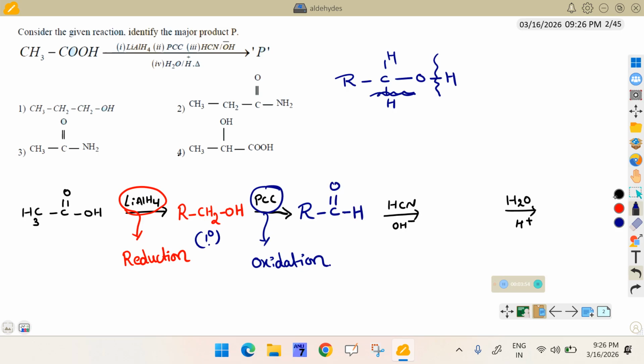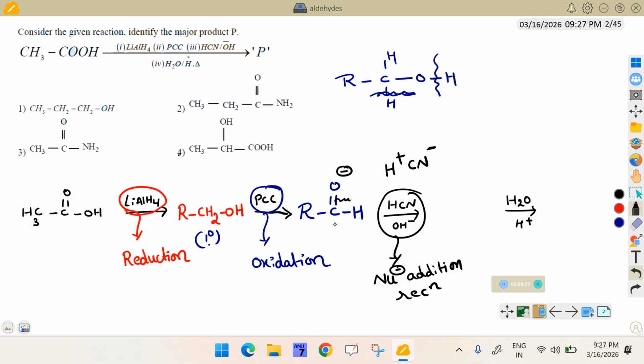Aldehydes participate in nucleophilic addition reactions. HCN dissociates like H plus and CN minus. Break the bond between carbon and oxygen. Oxygen gets negative charge, carbon gets positive charge. So CN minus moves towards the carbon side.